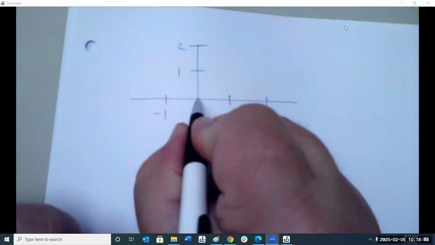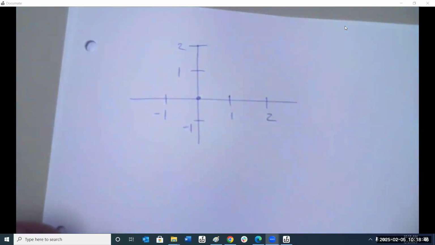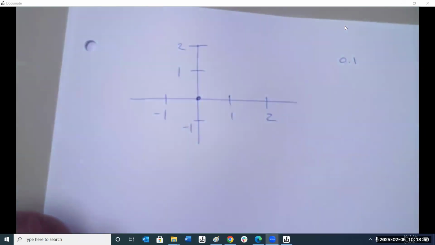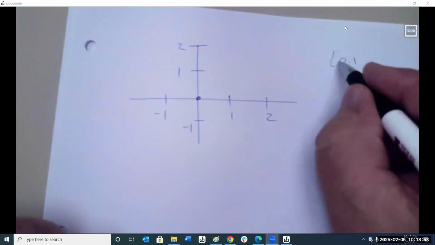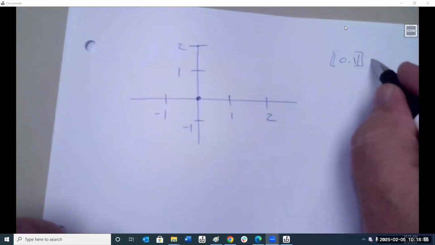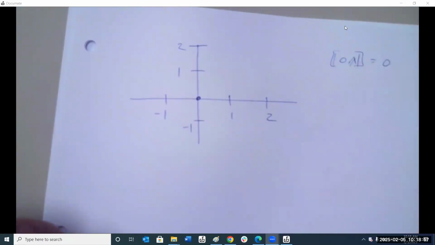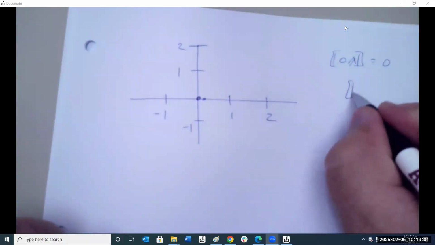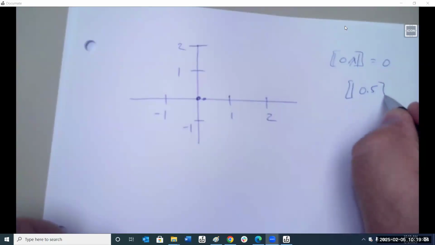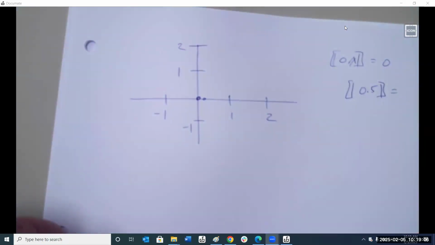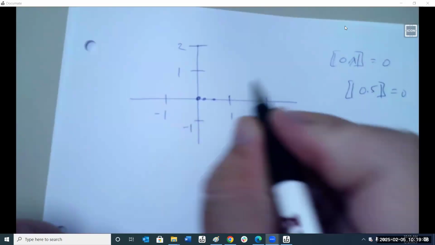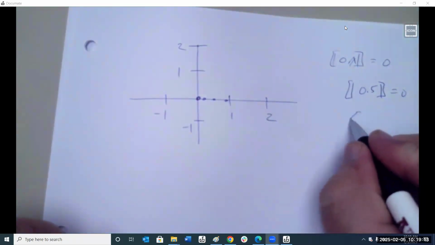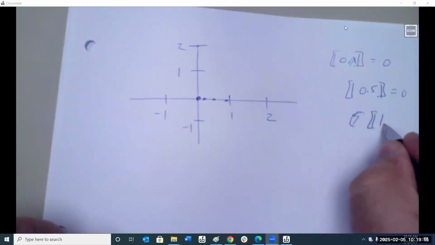So at 0, I get 0. If I had 0.1, what's my answer? Get rid of the decimal, it's 0. At 0.5, what's my answer? At 0.9, it's 0. How about at 1.0?